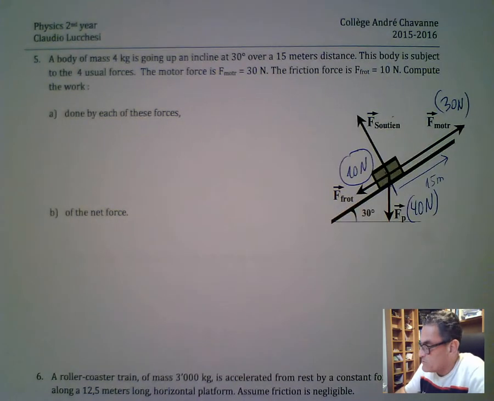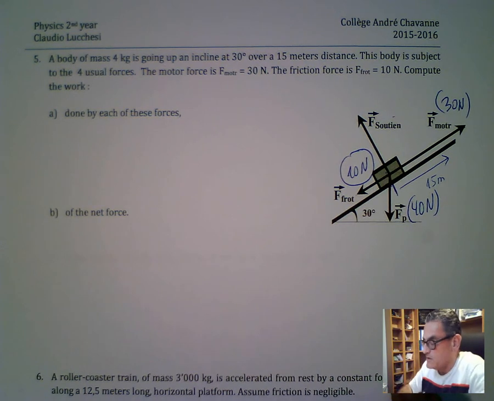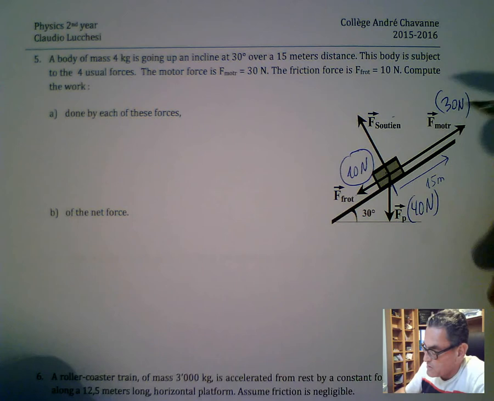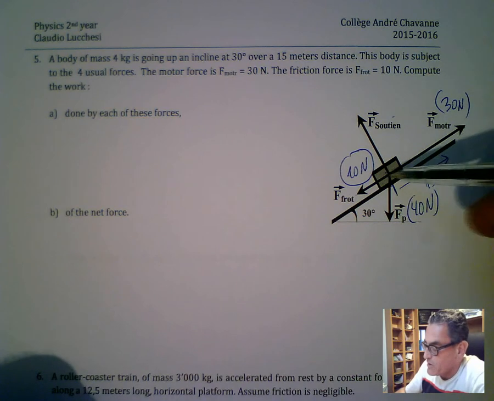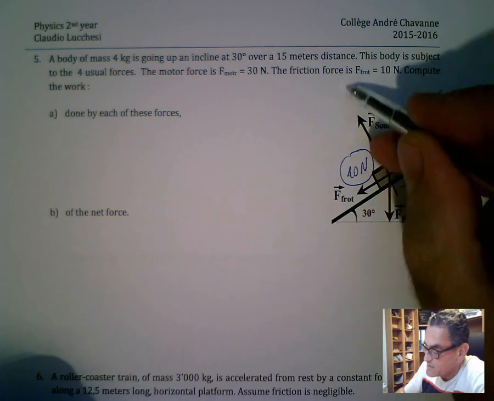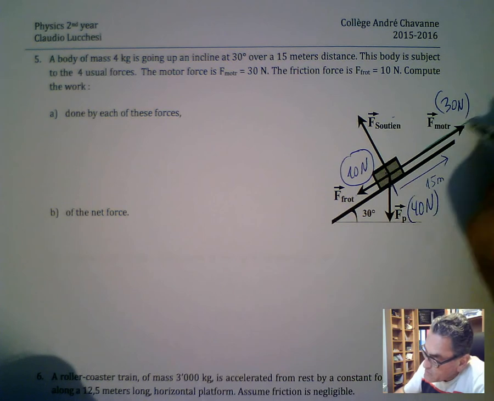Okay, so now what I suggest for a problem like this is that we decide about axes, x and y. Do you want to use this for the x-axis, this for the y-axis, or the horizontal? Let's say we do it like this.